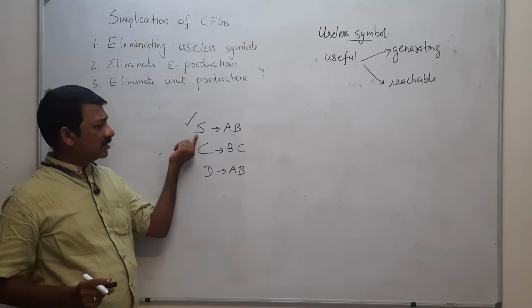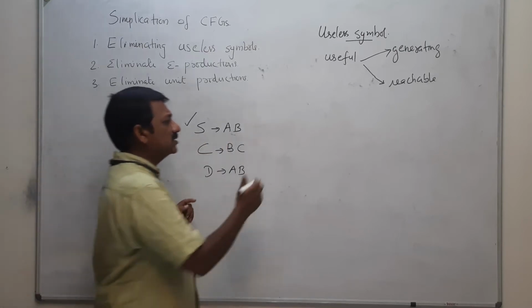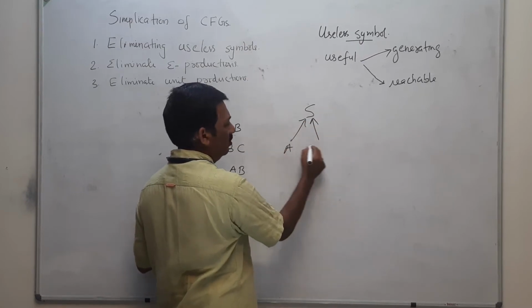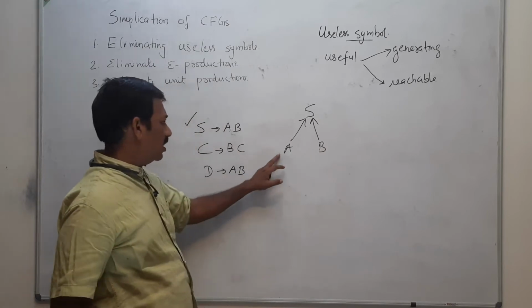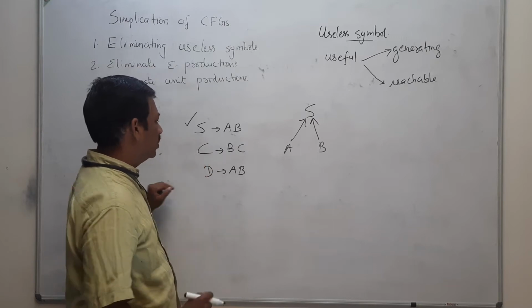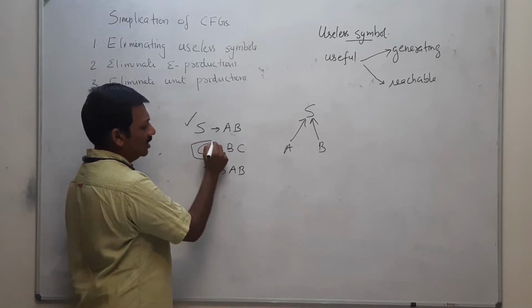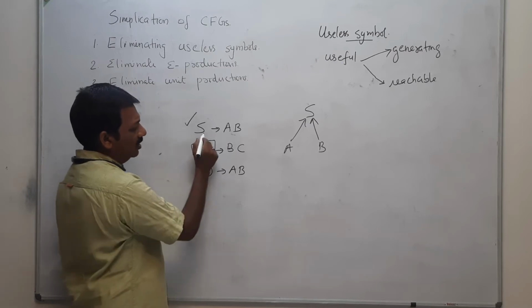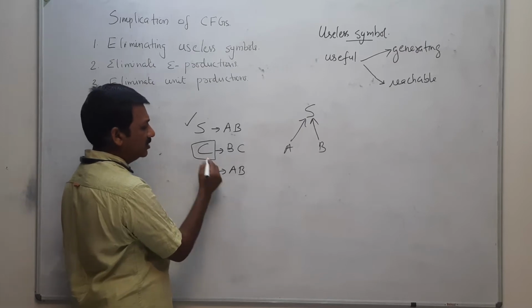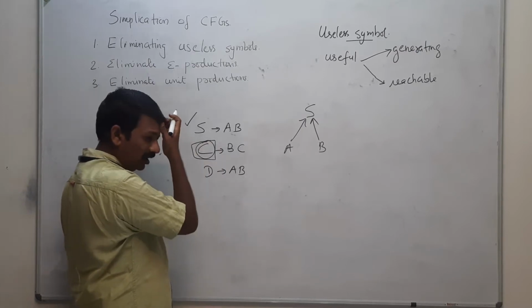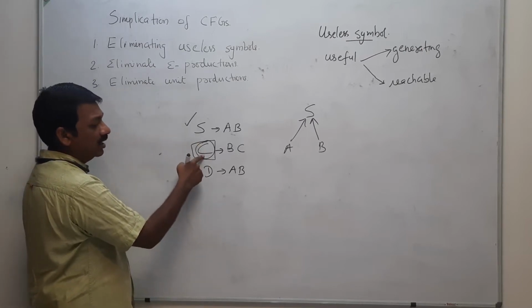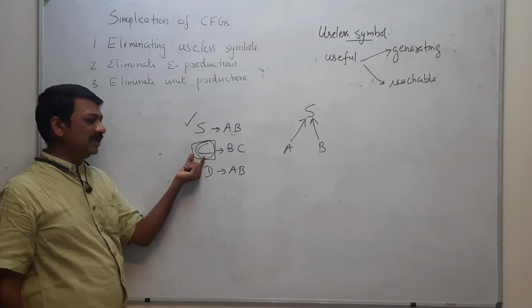Then from S you can reach both A and B. That means this C can't be derived from S. S derives AB, C derives BC and D derives AB. That means this C cannot be derived as a part of S. From S you cannot reach C. That C is not reachable.